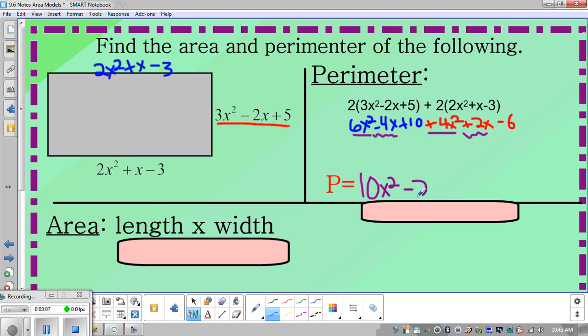That's going to equal a negative 2x. When I look at my constants, I have just a plus 10. Notice I'm circling the sign in front of the number. That's a 10 and a negative 6. So 10 minus 6 is 4. So the final perimeter is 10x squared minus 2x plus 4.